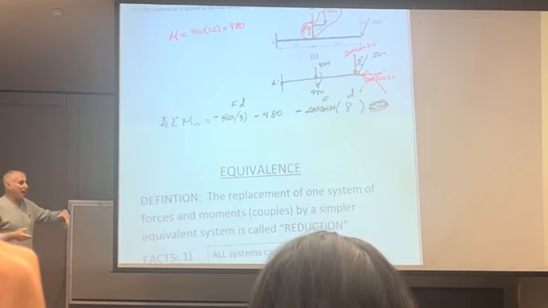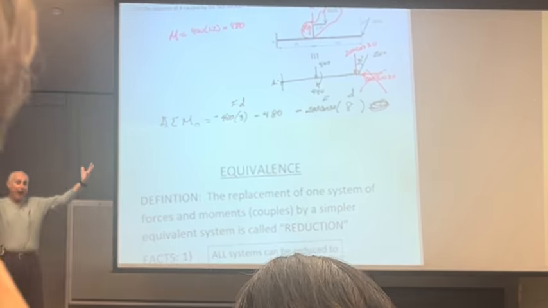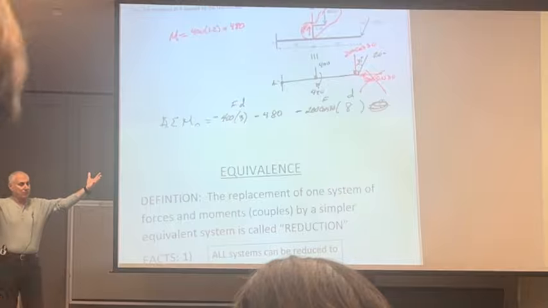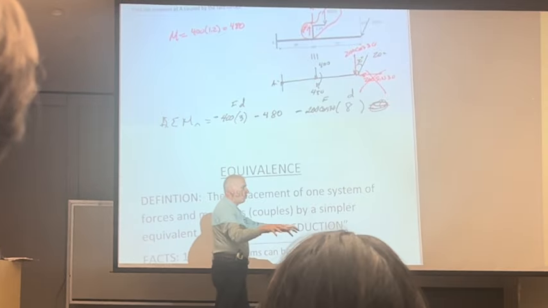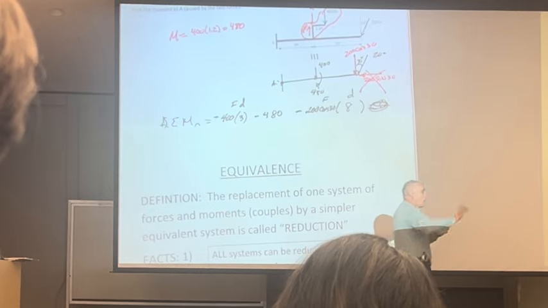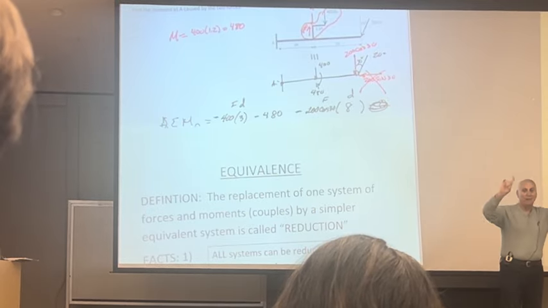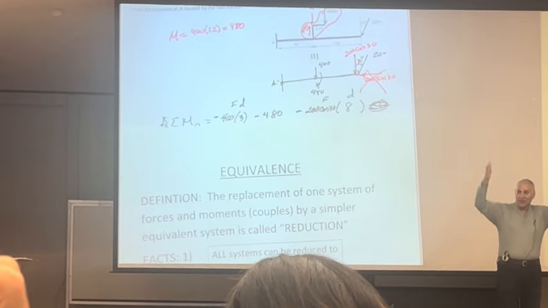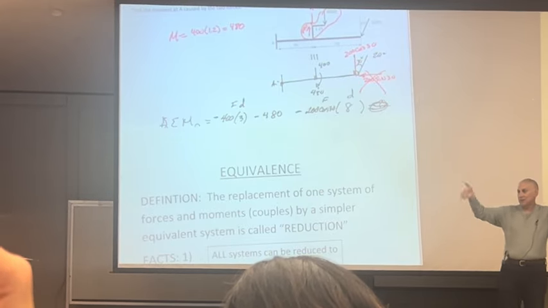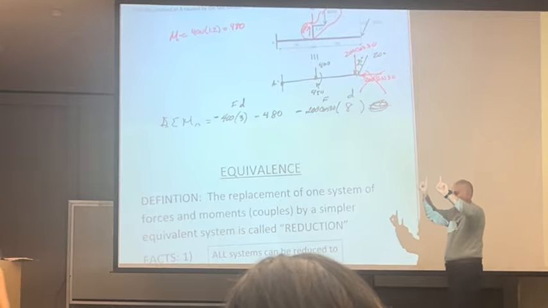So now I have forces and moments. And when you take a bunch of forces and a bunch of moments and reduce it down to a single force, single moment, that's called a reduction problem. Every single force moment system can be reduced down to a single force, single moment.